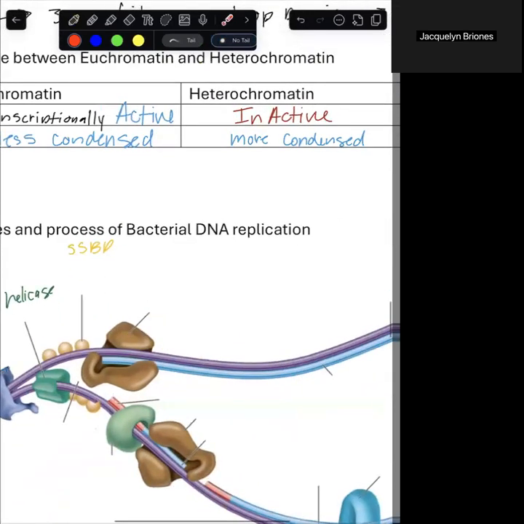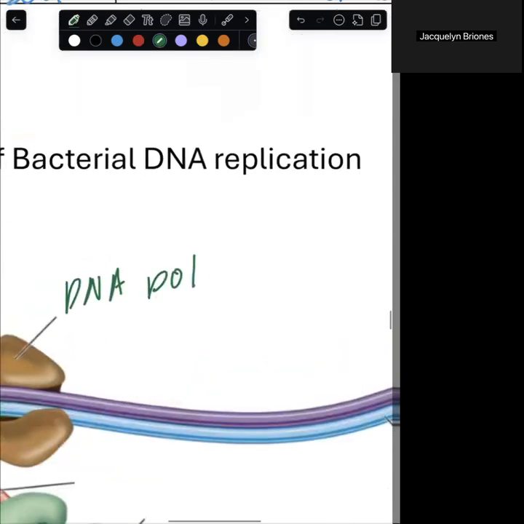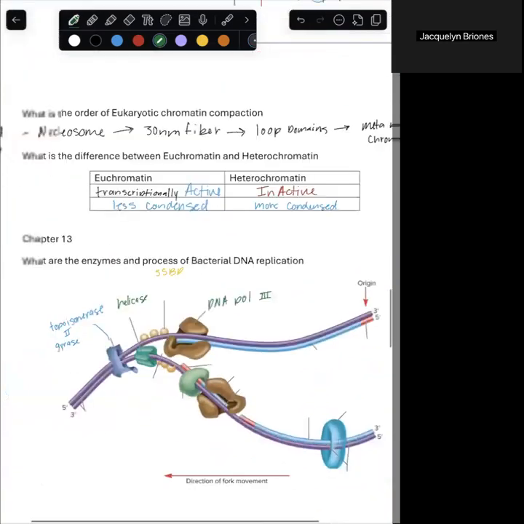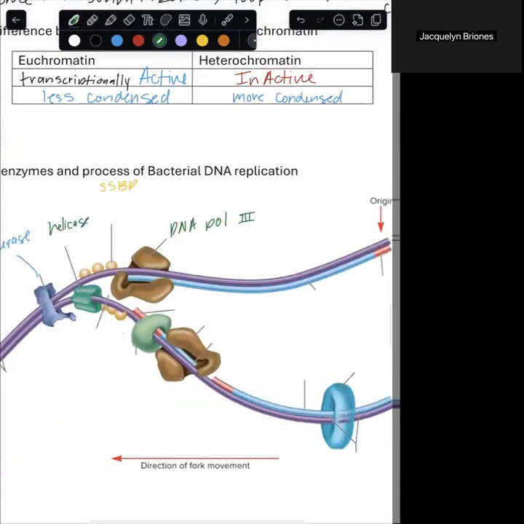Here we have our DNA polymerase 3. This guy is the star of the show. He's making it happen with the help of our other proteins, but he is synthesizing the new DNA.